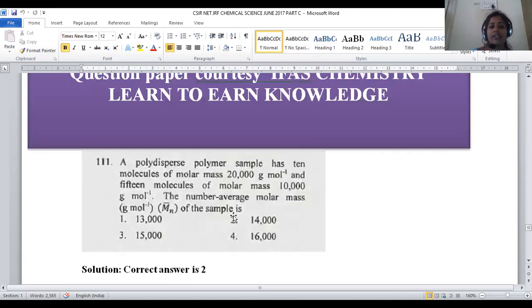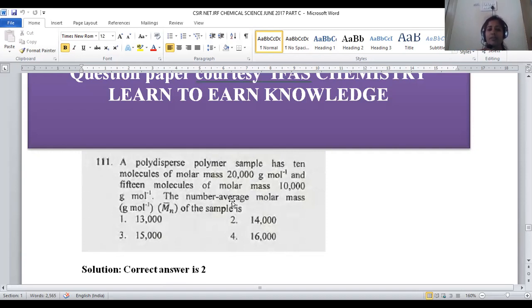Let us substitute what kind of monomers are given and what are their number followed by their molar mass, right? A polydispersed polymer, in the sense, a monodispersed polymer stands for an entire polymer made up of only one kind of monomeric units, called monodispersed. Polydispersed means the polymer is made up of a blend of different kinds of monomers.